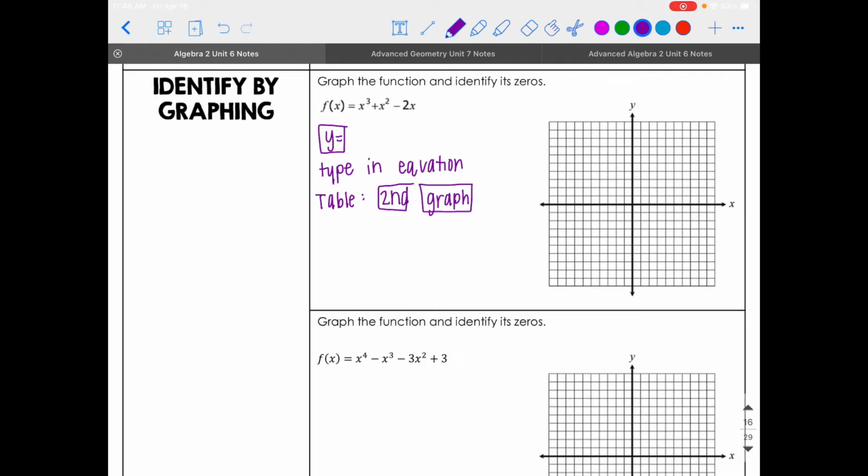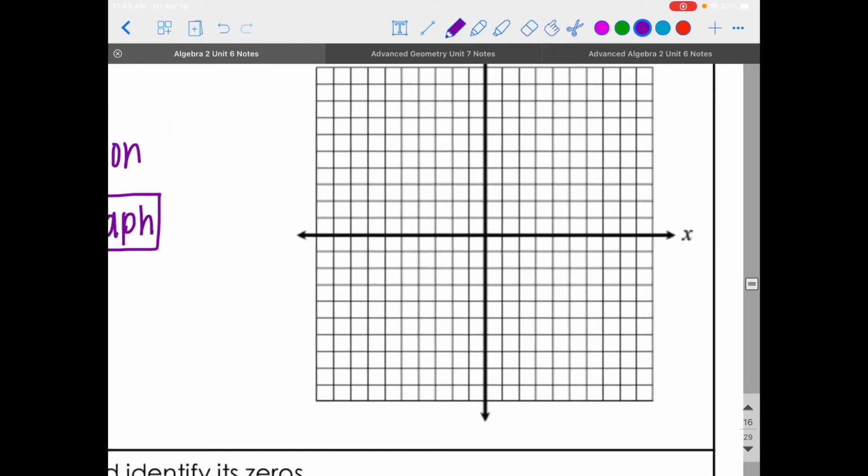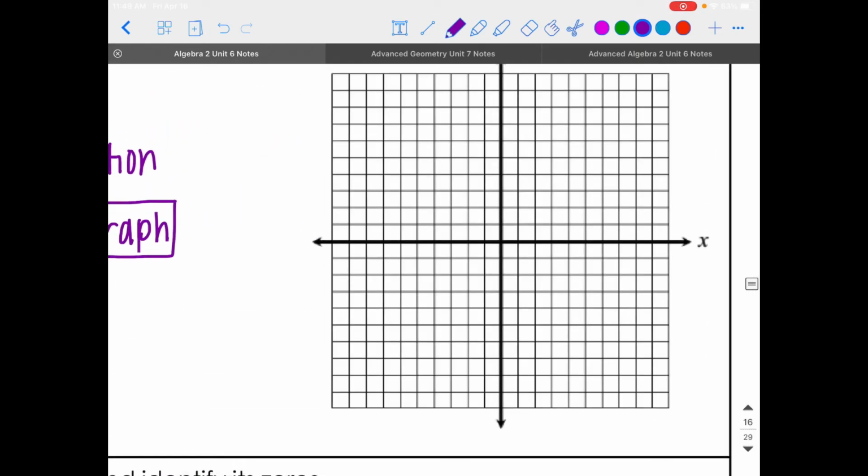So I typed in my equation and then click Second Graph. Based on my table, I have the points -2, 0; -1, 2; 0, 0; 1, 0; and 2, 8.